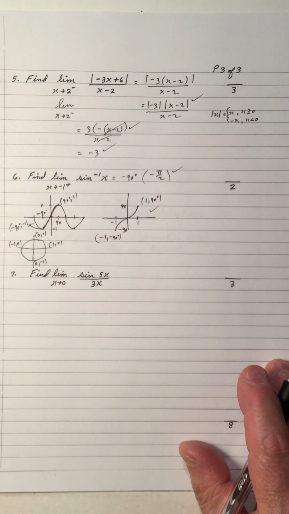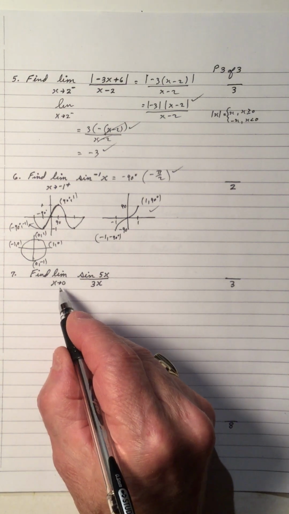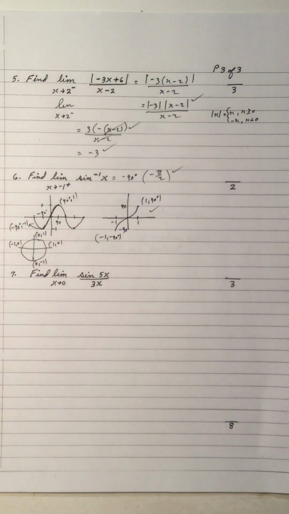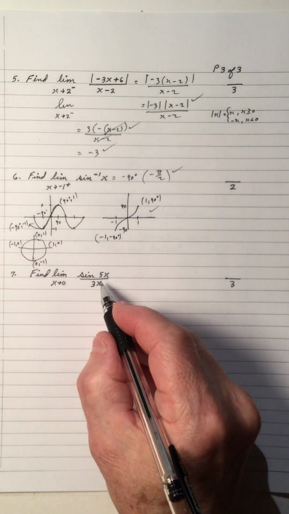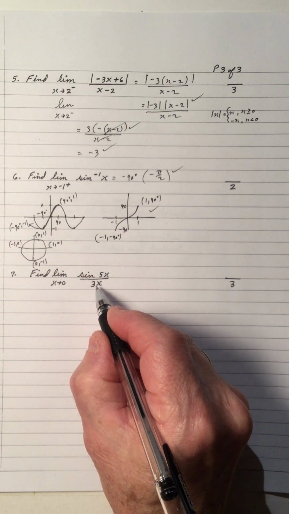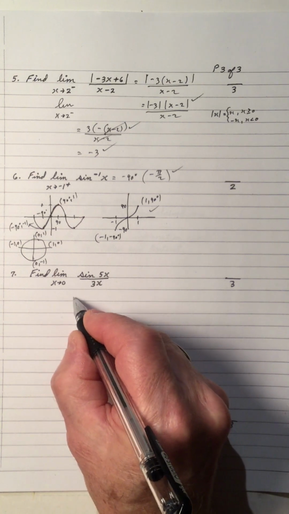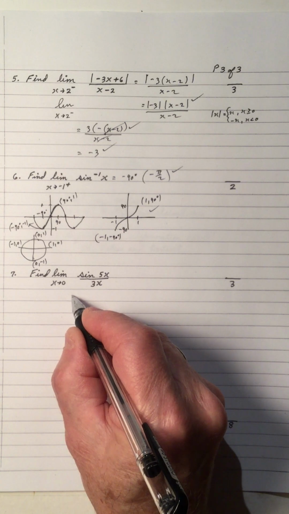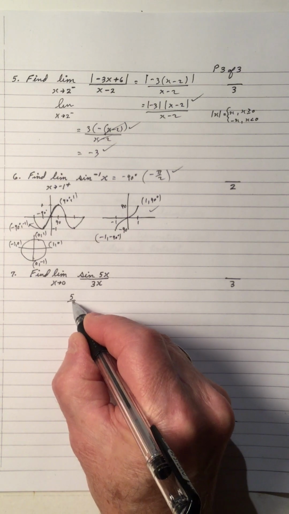And we have one more to do: find the limit as x approaches 0 of the sine of 5x divided by 3x. Well, one way that I do it, this 5x has to be right here. So what I do, I go 5 over 5.